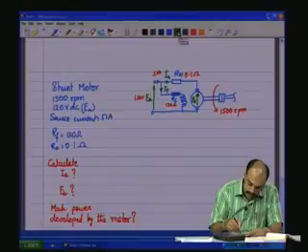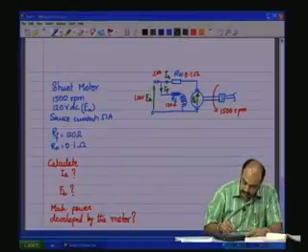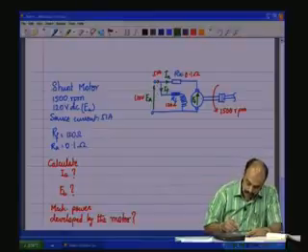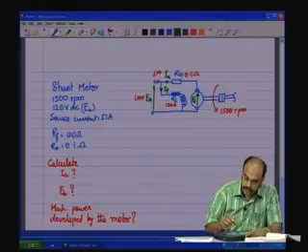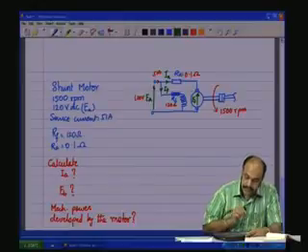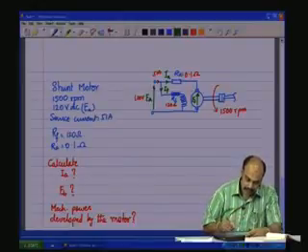So if you look at the power that we actually deliver to the load, we get EA, the IA squared RA drop goes off, and what remains is ultimately the power.